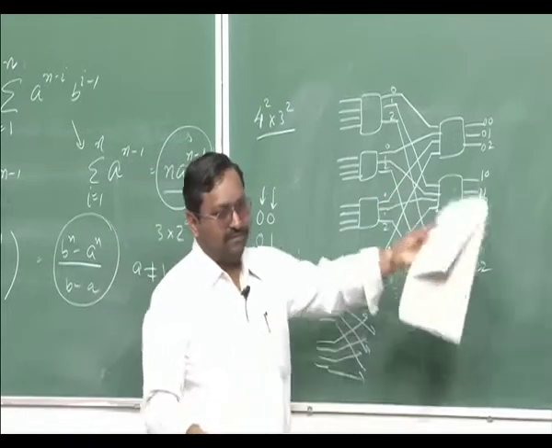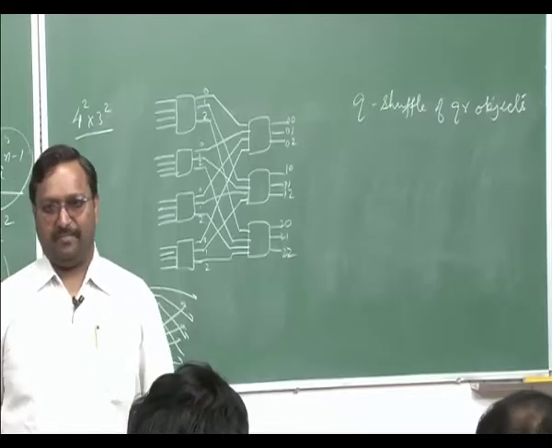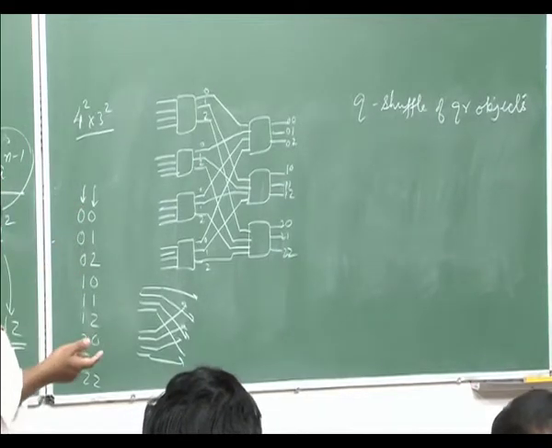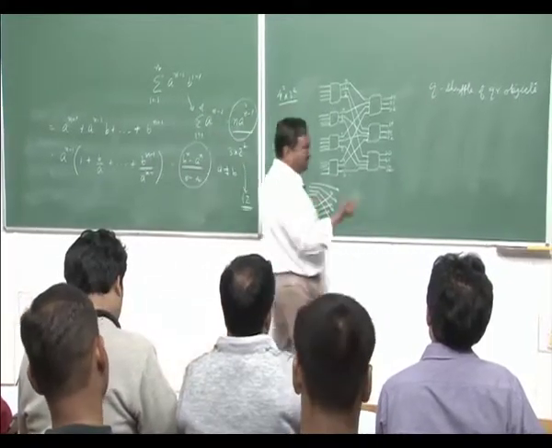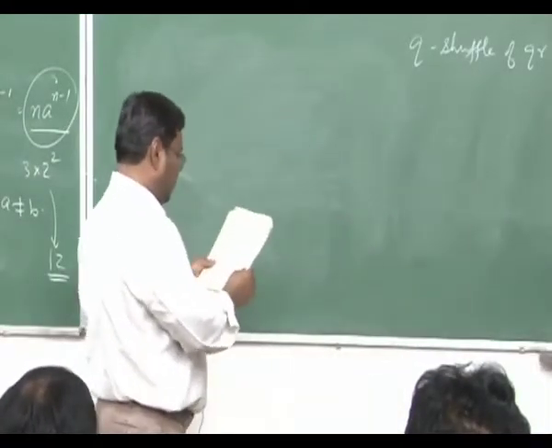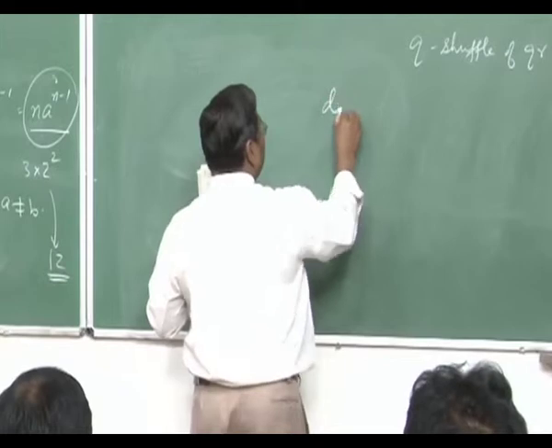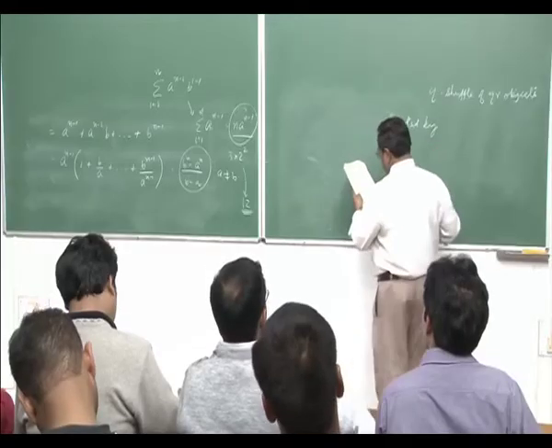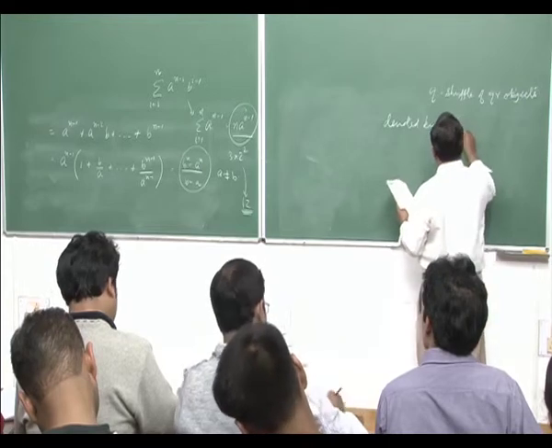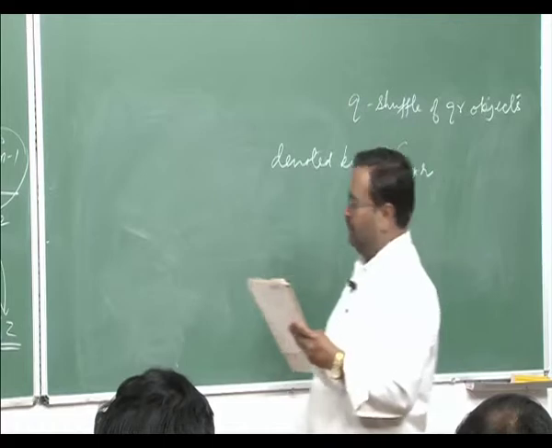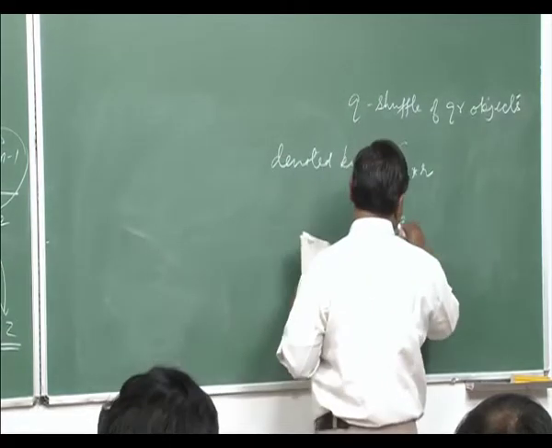So, we now want to give a generalized definition, because this is required for me for doing the address mapping, because the proof is by induction. So, Q shuffle of QR objects will be defined as, this will be denoted by, where Q and R are positive integers.